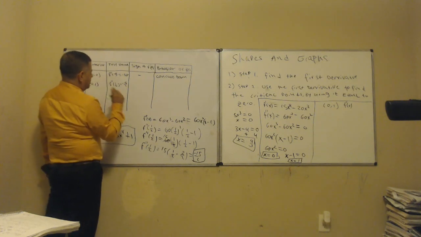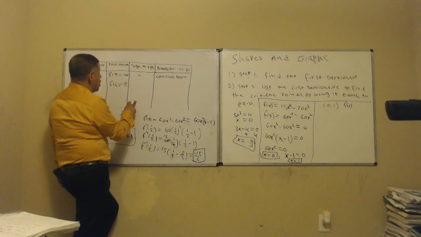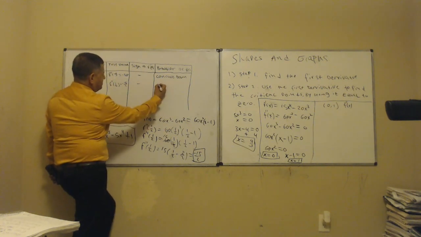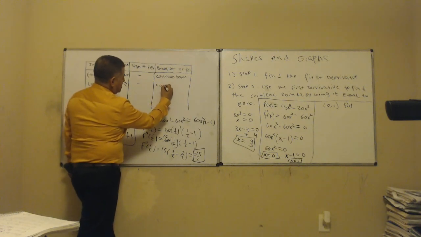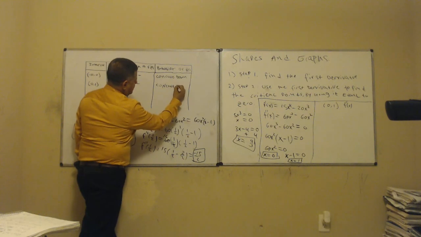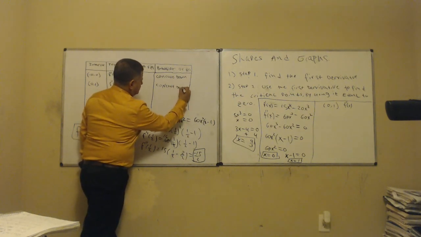Negative 15 over 2, right? So if that is negative 15 over 2, and that means that is negative, that means it is concave down. Okay, concave down.